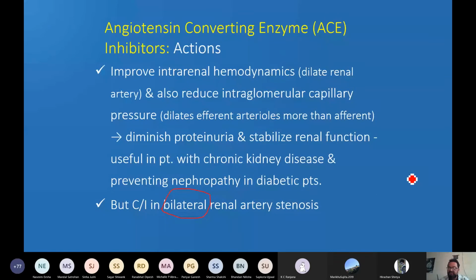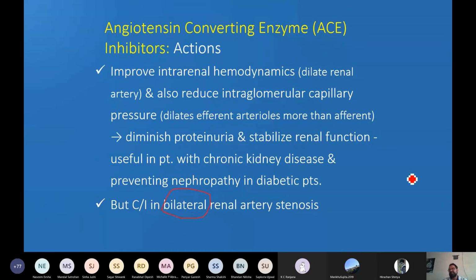So your kidney will think that now the BP is low, so I need to get the renin angiotensin system activated, and it will start the renin angiotensin system in high activity.